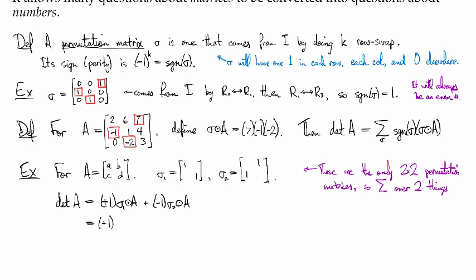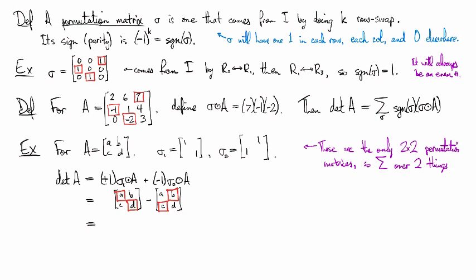This is not actually even proper math. It's the product of these ones here as selected by sigma 1, minus the product of these ones here as selected by sigma 2. So this gives us ad minus bc.